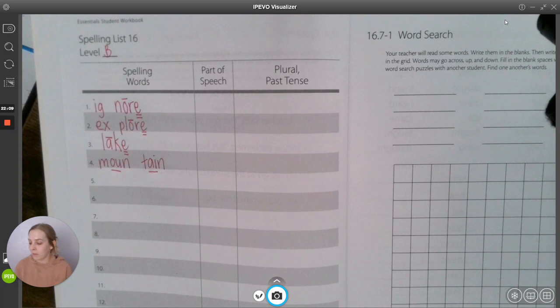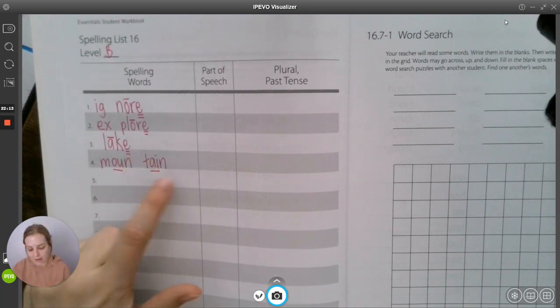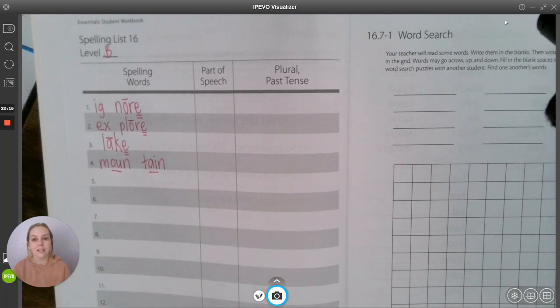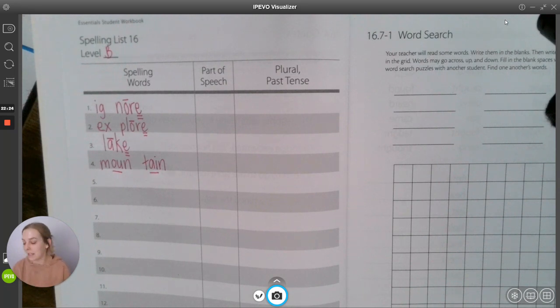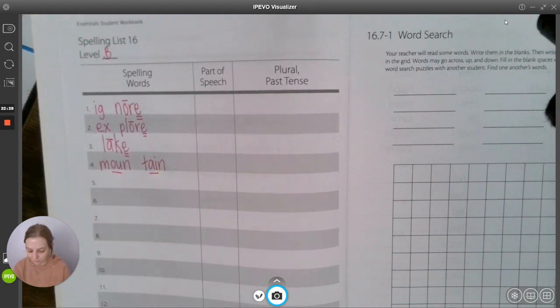And normally when we say the word mountain, this is a schwa sound. Mountain. And that's actually an example of it saying the schwa sound. Mountain. Mountain. I guess it depends on how you pronounce it, but it's an unstressed syllable. So, schwa sound right there.